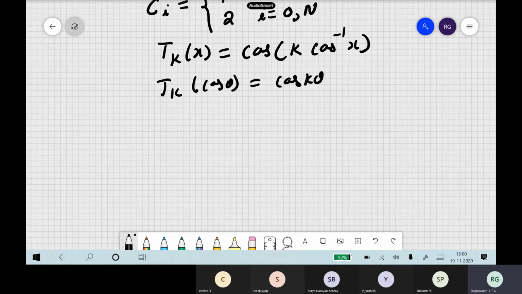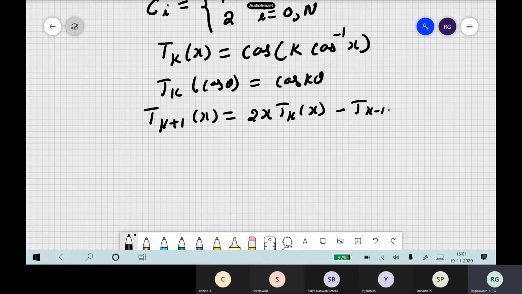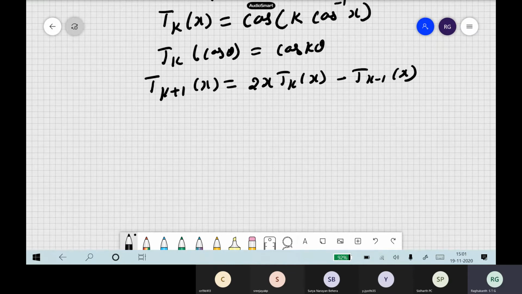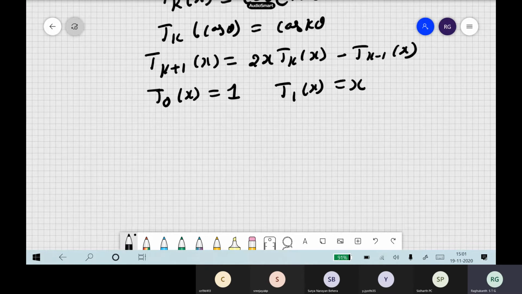I think long back we have already discussed that formula, with the recursion formulas and so on. The zeroth order polynomial is 1, then T1 of x is x, and like that you will get more Chebyshev polynomials.